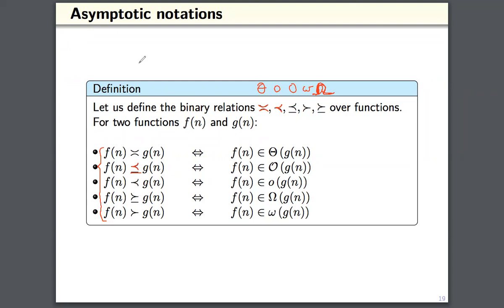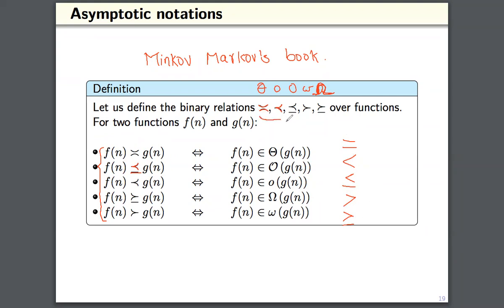It is from Markov's book. It's a fantastic book on analysis of algorithms. Okay, let's use these notations. You understand this, right? So we have equal to, less than or equal to, greater than or equal to in arithmetic.